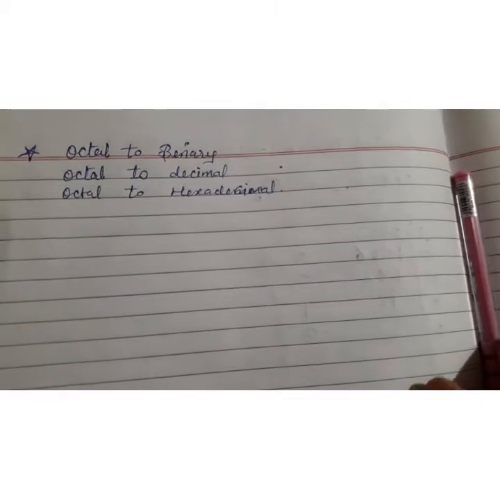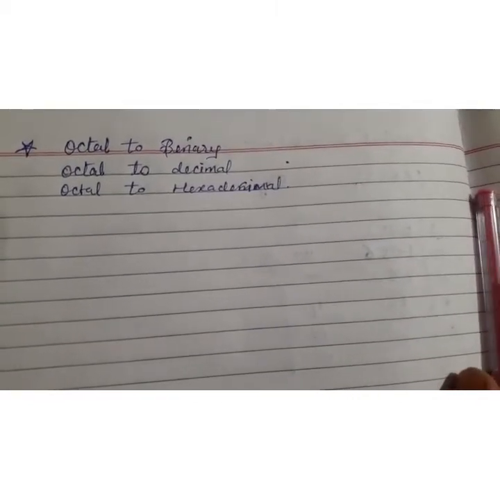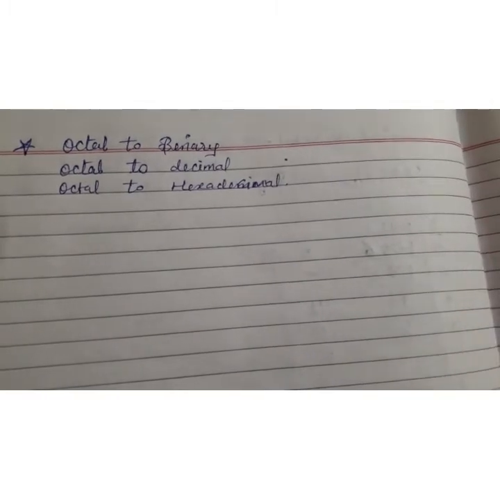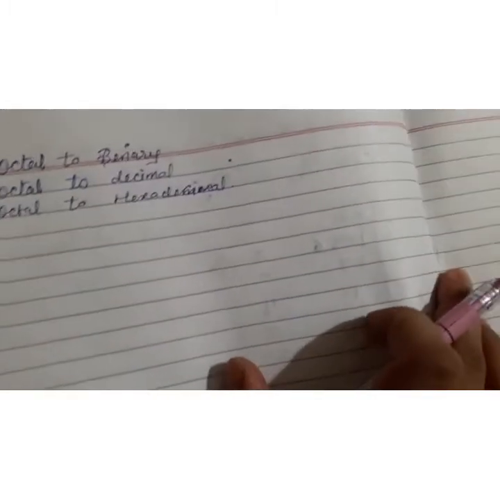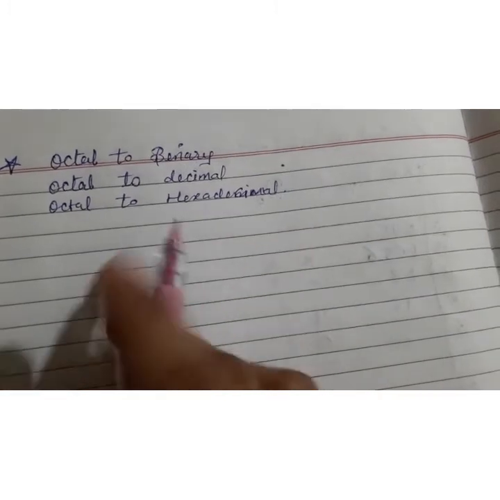So there are two methods, you can go with both, no problem. We are going to convert octal to binary, octal to decimal and octal to hexadecimal.